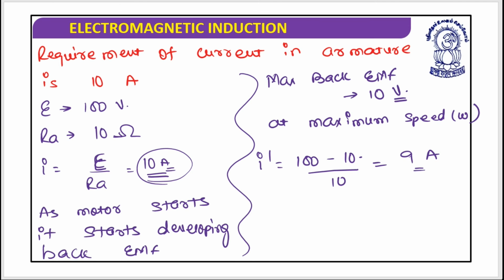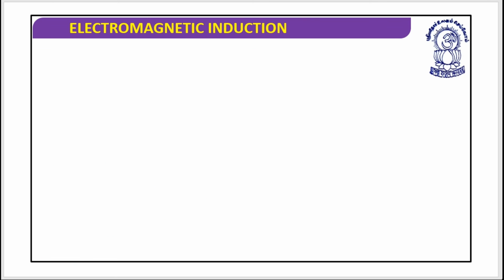So what should you do? What do you think, how could I resolve this issue? Probably you might get an idea: sir, what is the problem in this? We have purchased a cell of 100 volt, and you said that maximum back EMF is 10 volt. Let's purchase one of 110 volt. So let's work according to your solution: the new purchase E dash would be equal to 110 volt.